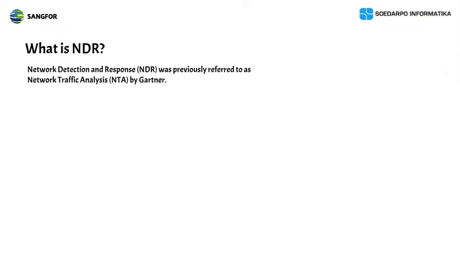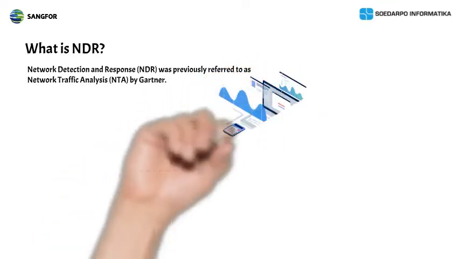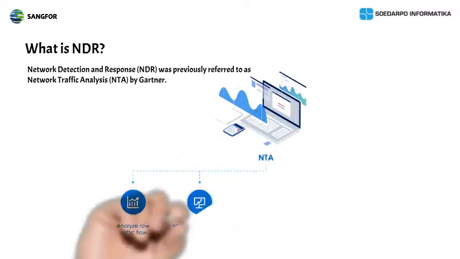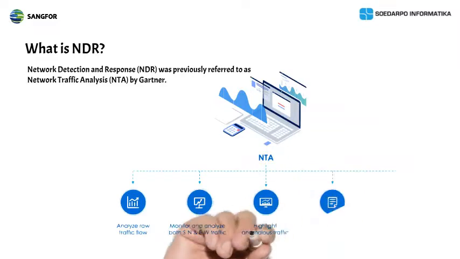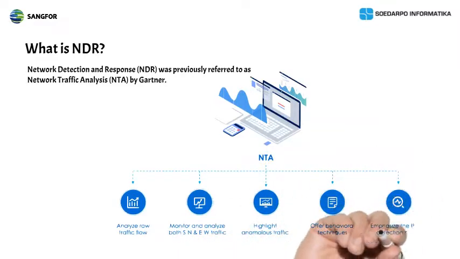It offers behavioral, non-signature based detection techniques, such as machine learning or advanced analytics that detect network anomalies, and emphasizes the threat detection phase rather than the forensics, for example, the packet capture analysis phase of an attack.